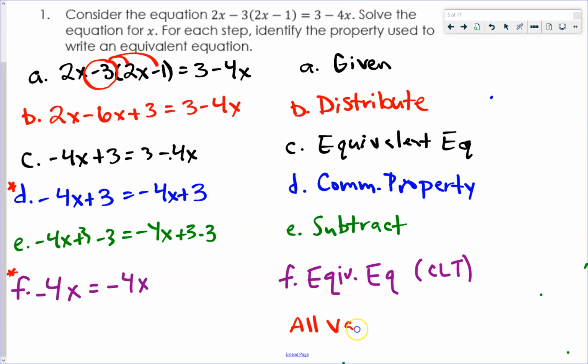All values can be used for x. So our solution is all values. You can also say an infinite amount of solutions. So infinite.